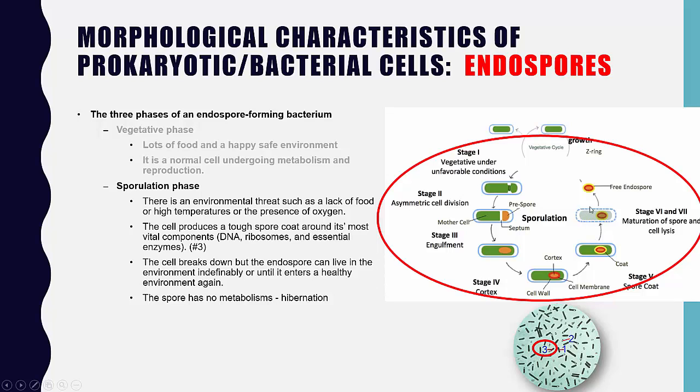So the cell has broken down, and here we'd have number 2, and the endospore is released. It's out in the environment. Here we can see the normal vegetative cell. Here's the cell feeling threatened, making an endospore, and here's an endospore released into the environment.